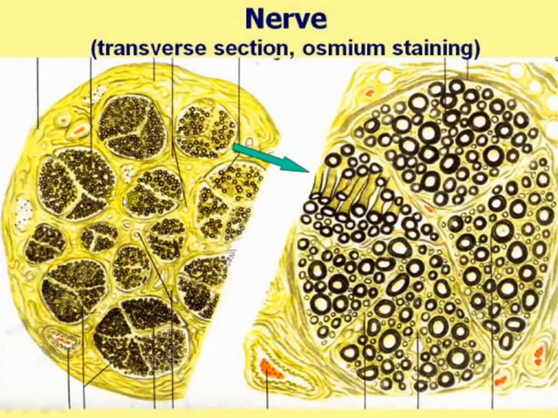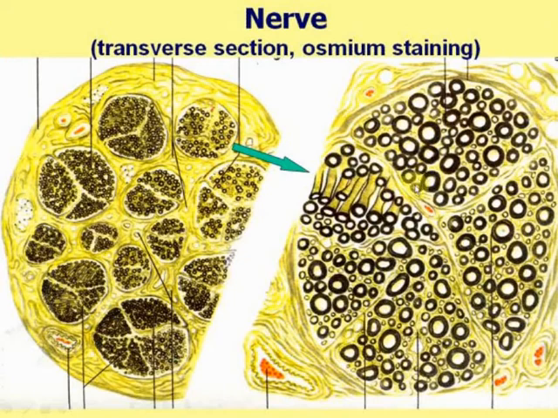This is the same transverse section of nerve stained by osmium, which specifically stains lipids or myelin sheaths. At high magnification you can see the individual myelinated nerve fibers like black rings with axial cylinder in the center, not stained, light.